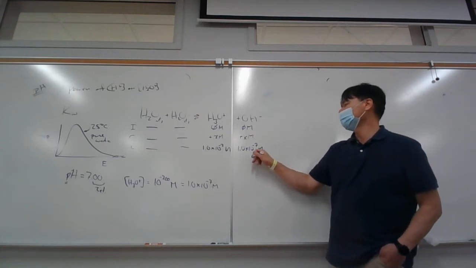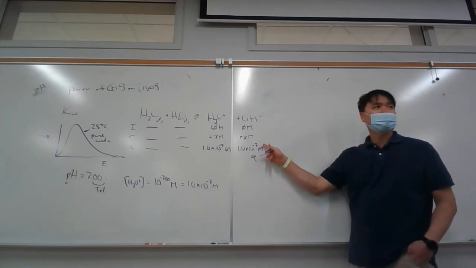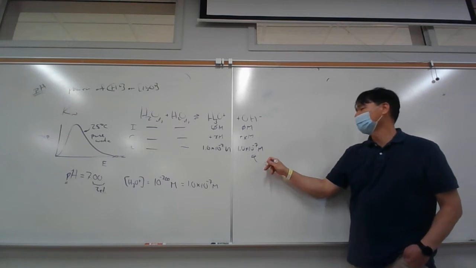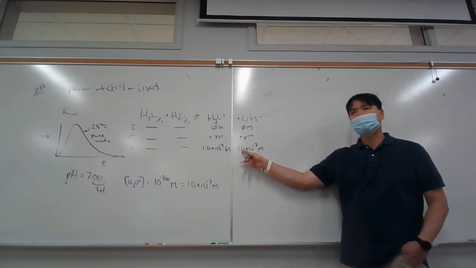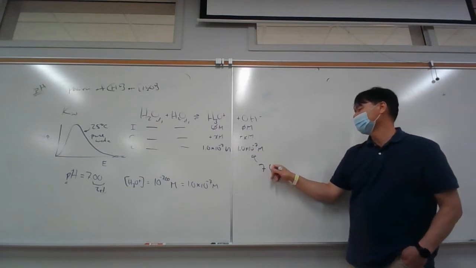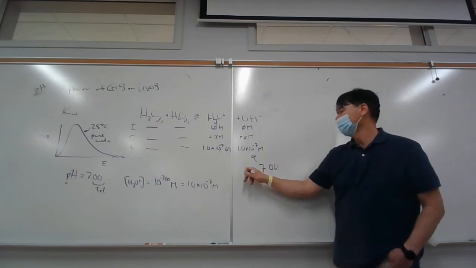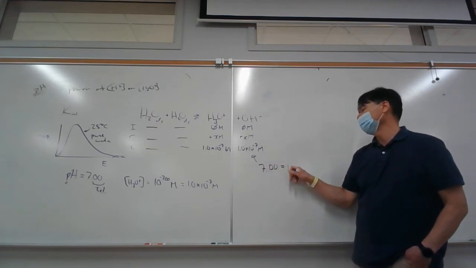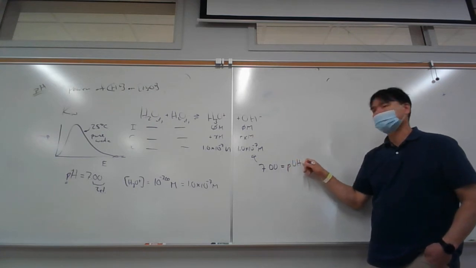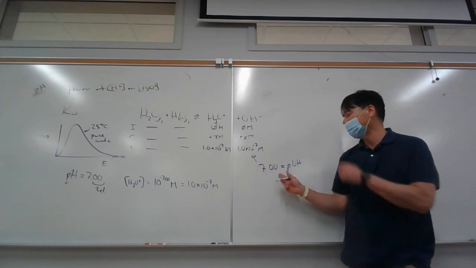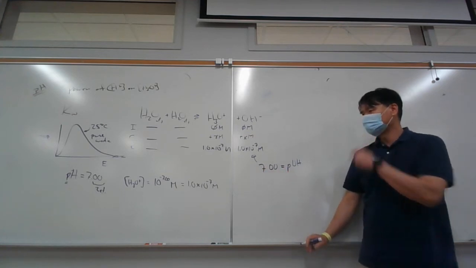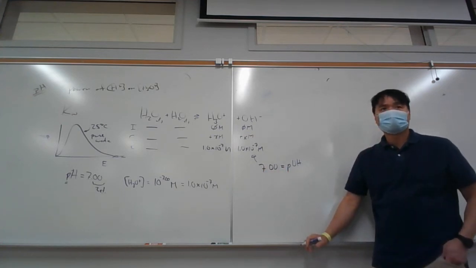The power of this is 7. And how many sig figs do we have? Well, the coefficient here tells you how many sig figs. There are 2 sig figs. So it's 7.00. So this is equal to the power of the hydroxide, which we call the pOH. And so the pH and the pOH of water is 7.00.